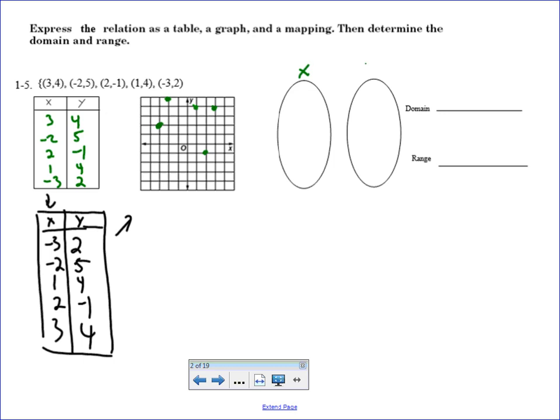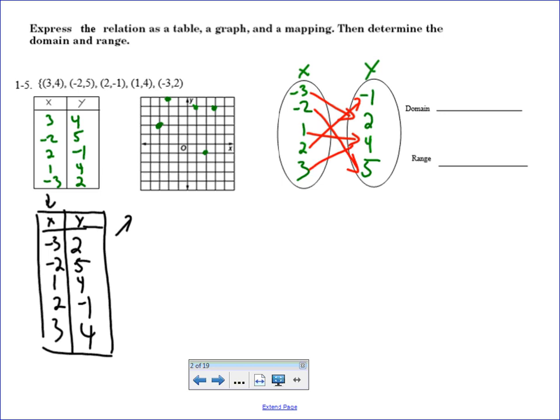And then for our mapping, we'll go -3, -2, 1, 2, 3. But then we're going to need to put our y values in order from least to greatest. So that would be -1, 2, 4, 5. And so the -3 maps onto 2. -2 maps onto 5. 1 maps onto 4. 2 maps onto -1.